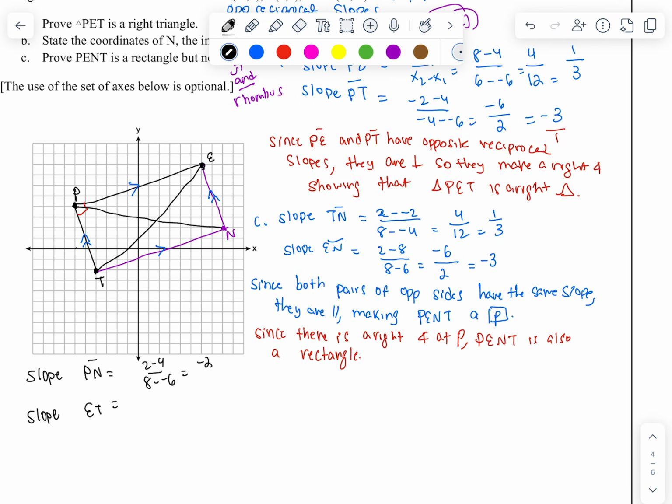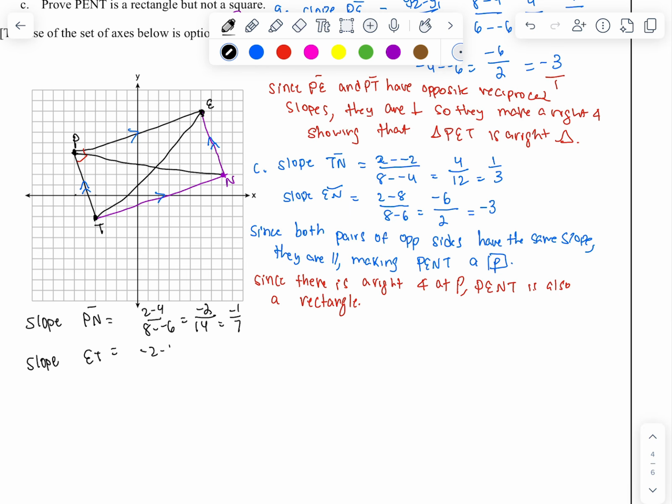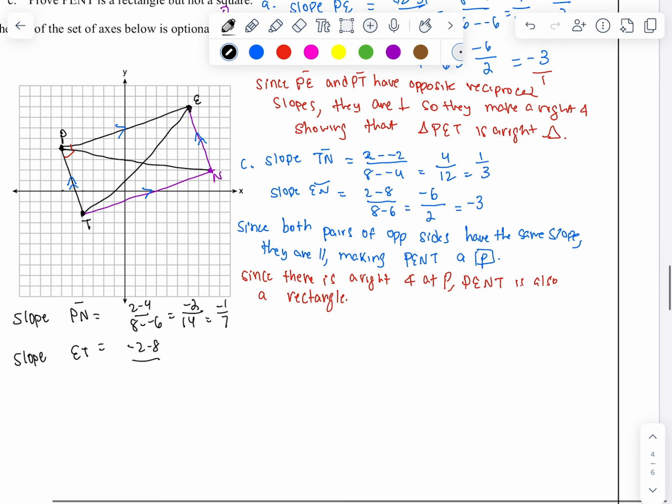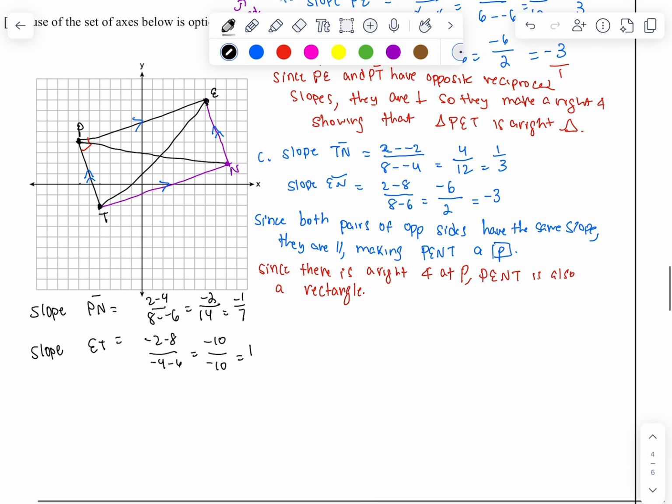And that is negative 2 over 14, which is negative 1 over 7. And then I'll do ET, negative 2 minus 8 over negative 4 minus 6. And that's negative 10 over negative 10, which is 1. So those are not opposite reciprocals.